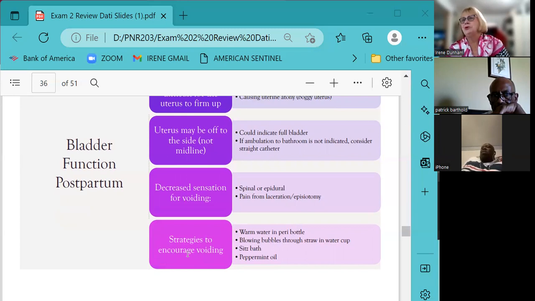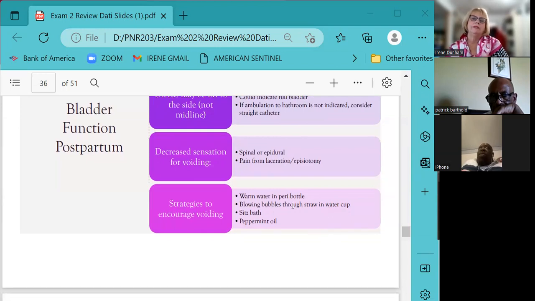Here are some strategies to encourage voiding. You put some warm water in that peri bottle and you squirt it, and that usually gets them to pee. The sitz bath is good. Another one is some peppermint oil, which helps people to pee, and blowing bubbles through a straw in a water cup. I'm going to tell you, from my standpoint, when I did that with patients, it never worked, but the warm water does.